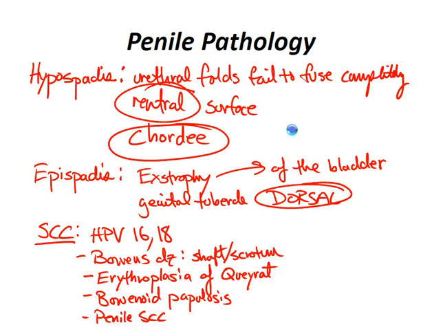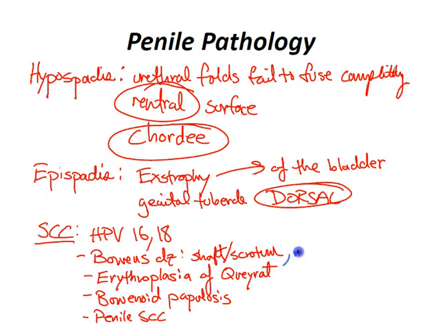It's associated with visceral malignancies. Alright, so erythroplasia of Queyrat is carcinoma in situ that also may invade. Now this is also a single erythematous plaque involving the mucosal surface of the glans penis or prepuce.